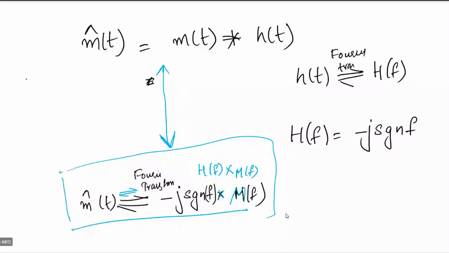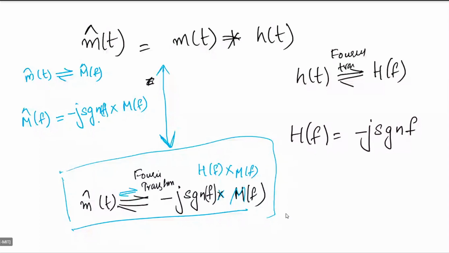See, m hat t, what is the transform of this? You name it m hat f. And I am telling m hat f is equal to minus j signum f into m of f. Now are you getting it?